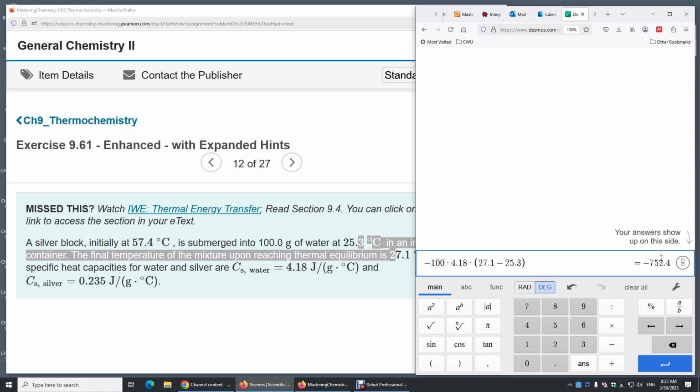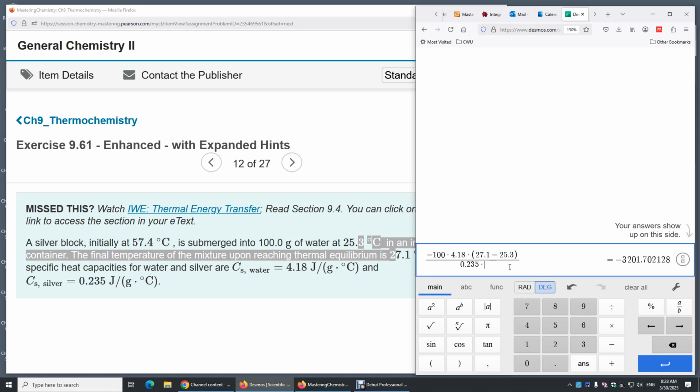How do we get the mass of silver? Well, it's simply Q divided by the specific heat capacity, and then divided by, well, maybe we should move this to the top. All right, divided by the specific heat capacity of silver, and also we need the temperature change. What's the temperature change here? It's the final temperature minus the initial temperature.